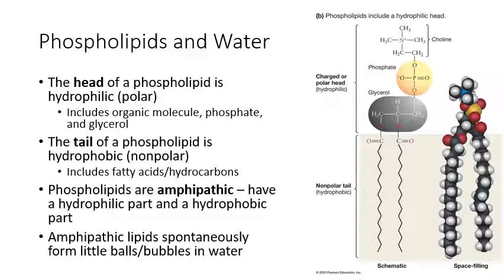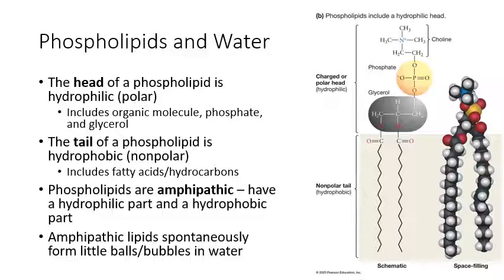Anytime you put an amphipathic molecule into water, if you just wait, it's going to spontaneously form little structures. It'll either form just a little ball, or it could even form a bubble, which would be sort of like a cell membrane.